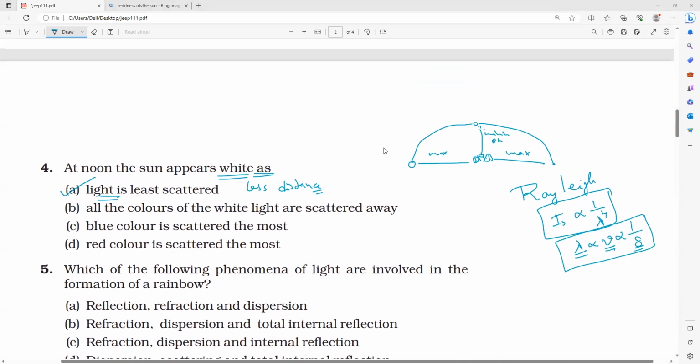So the Rayleigh law says the amount of light scattering, I already taught you. Am I right, Hari? According to Rayleigh, you have to remember that the intensity of scattering of light is inversely proportional to the fourth power of the wavelength of incident light. So that is what you have to remember. Clear, everybody? Okay? That is very important.